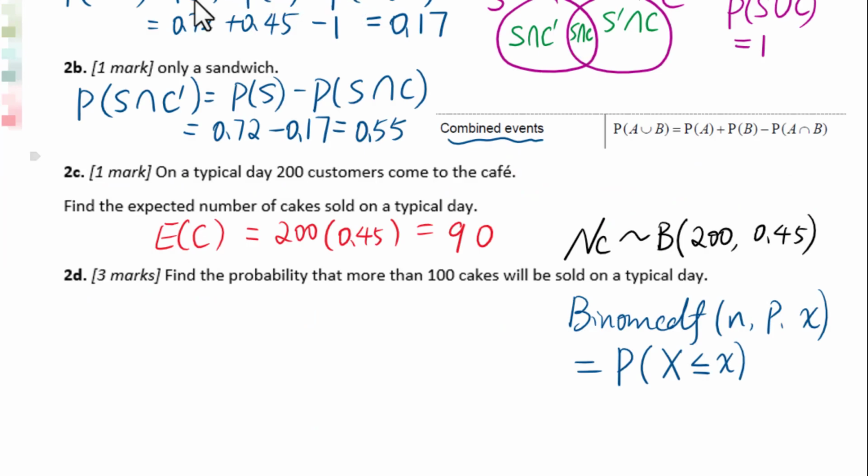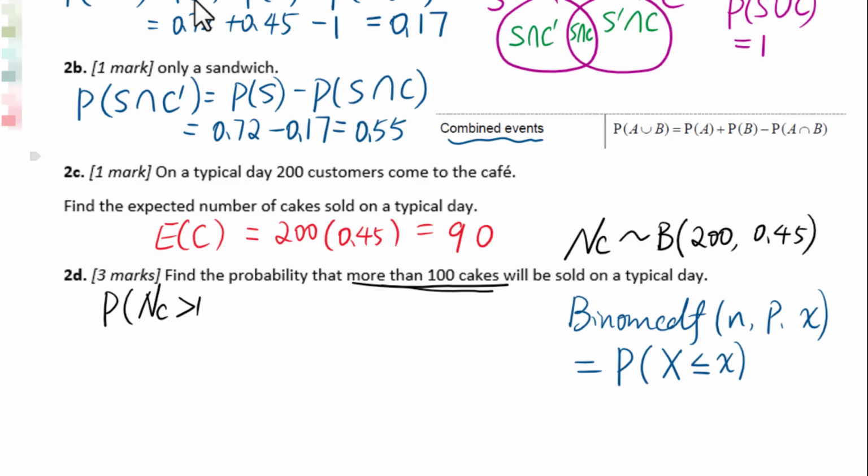Find the probability that more than 100 cakes will be sold on a typical day. More than 100 cakes, we know the number of cakes sold follows a binomial distribution, with 200 trials and 0.45 as the probability of success. We are looking for the probability of the number of cakes sold greater than 100.